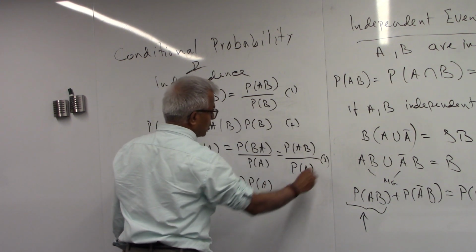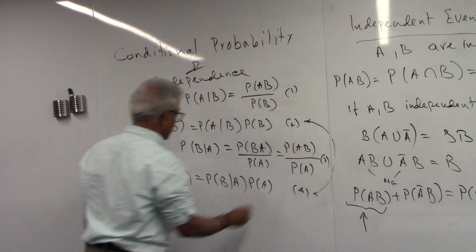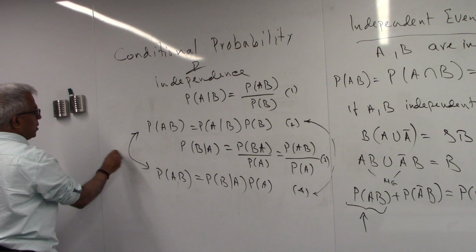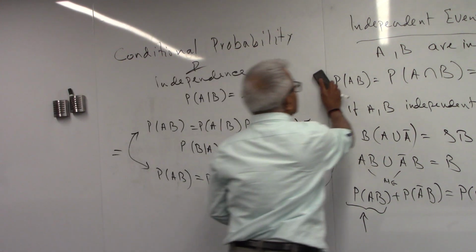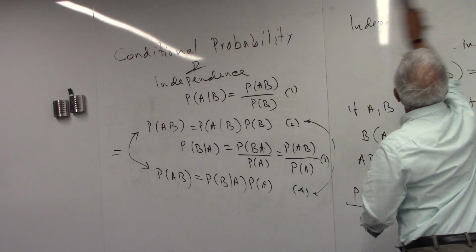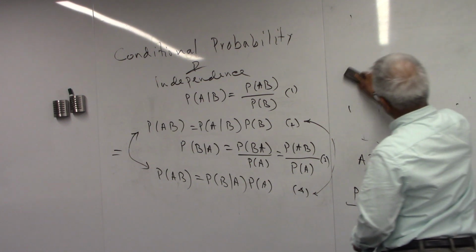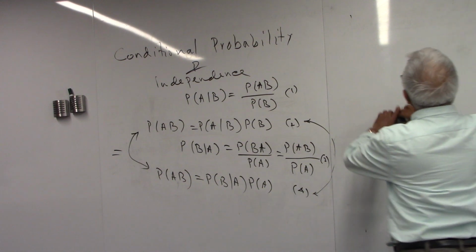So now if you concentrate on 2 and 4, the left side is P(A∩B). So these two must be equal. So we get an interesting result known as Bayes' theorem by simply equating.